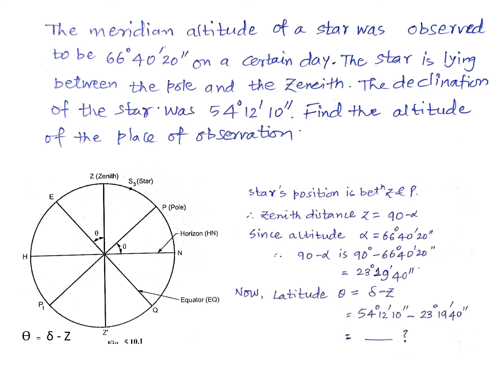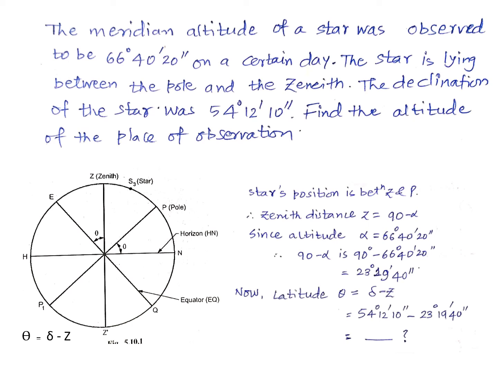This is the star S3. Now if you fail to recall the formula for this, you can easily derive the same formula within a fraction of seconds. The star position is between Z and P, the zenith distance. Now the zenith distance will be from Z to this star position.